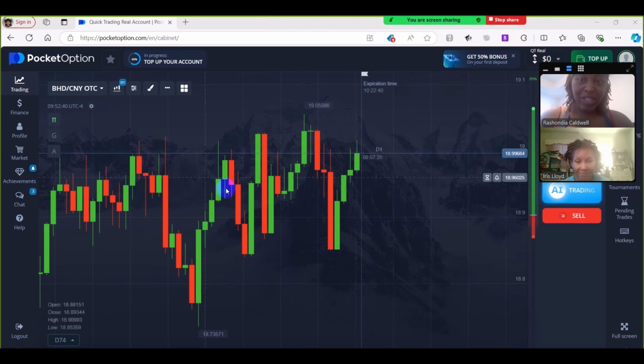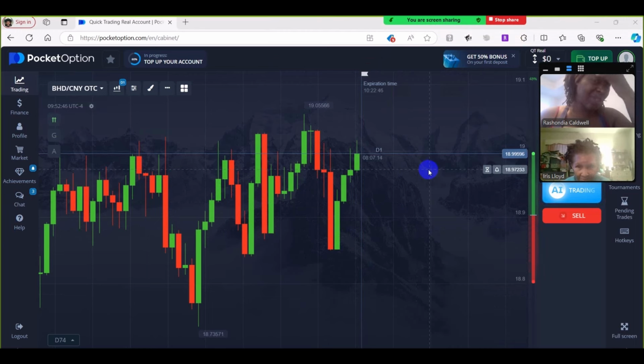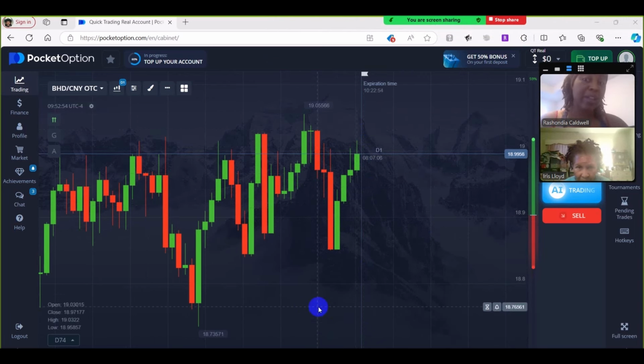Okay. So I chose this chart because it has a lot of candles. And I meant a lot of wicks. So you want to look for pairs like this, because if it has a lot of wicks, like you see right here, this is the current candle.